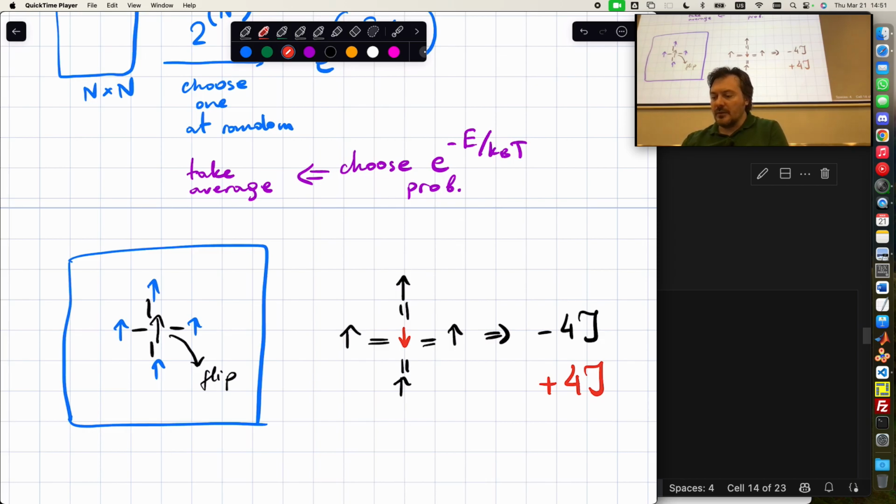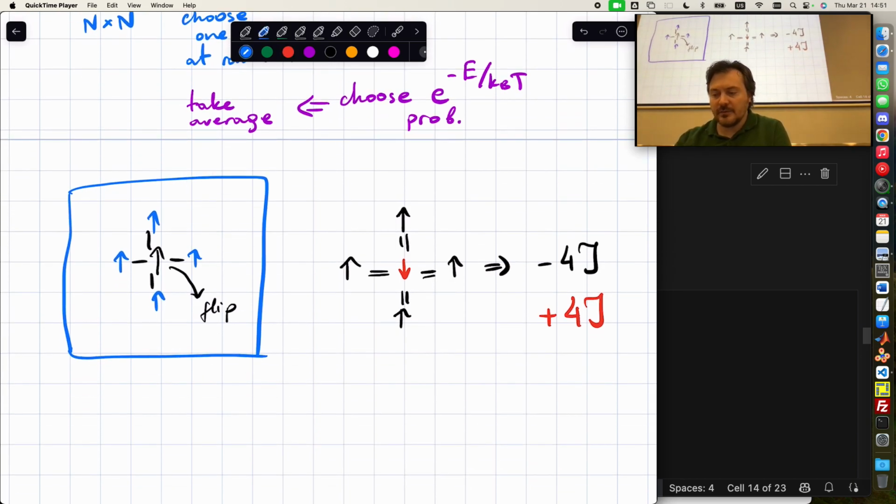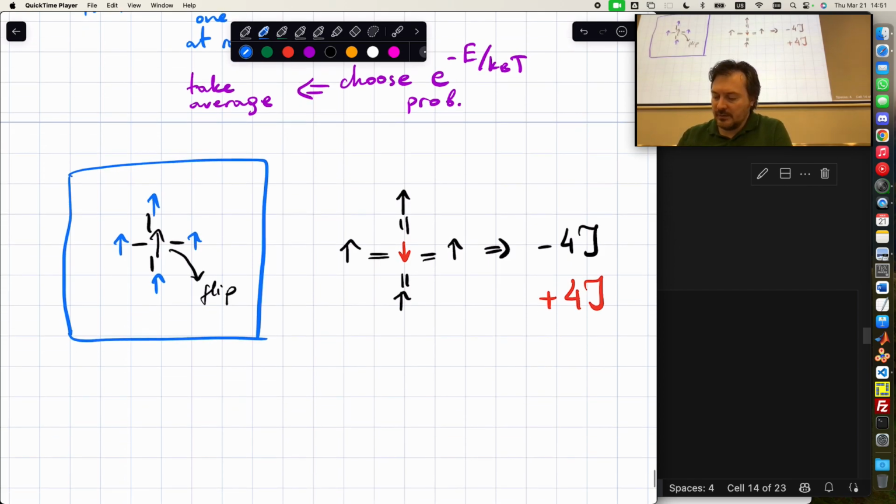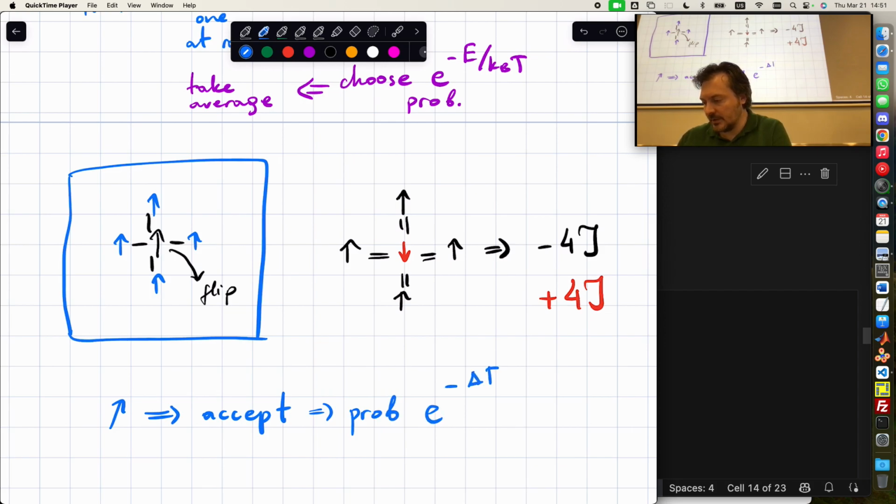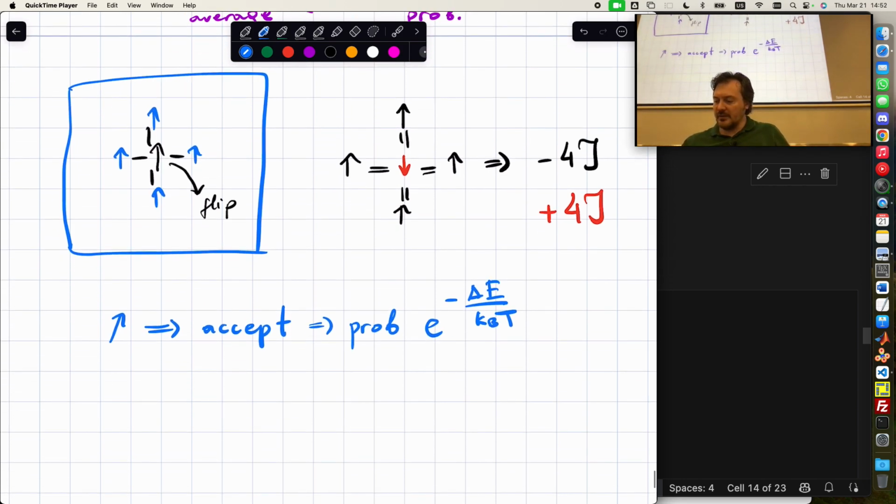So did the energy increase? Yes. So Metropolis tells you that if the energy increases, then accept that increase with a probability of e to the minus delta E over kBT. So energy increased. How much did it increase? By 8J. So we are going to accept this change with this probability.